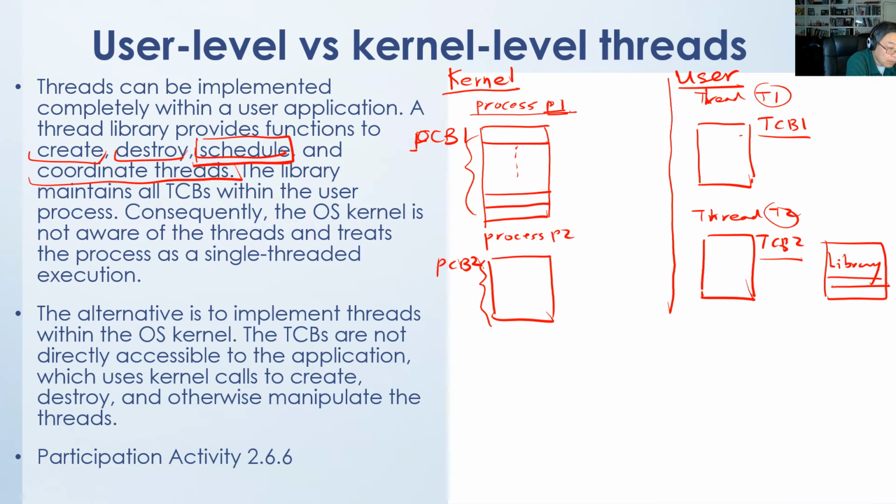Now, once a process like process 1 is created, it is associated with the code and the data related to the process. For a single-threaded process, there's only one thread and only one stack. But in this case, process 1 has two threads.